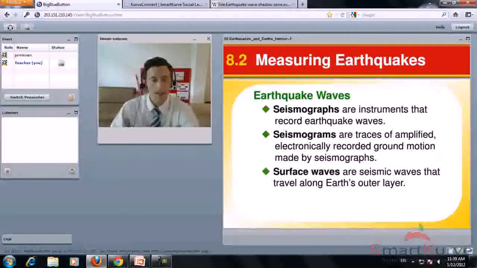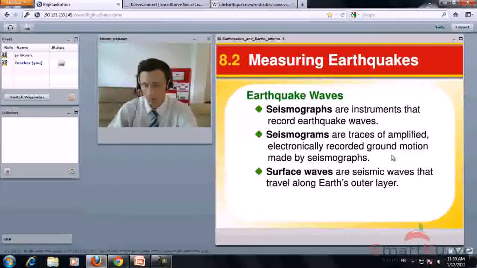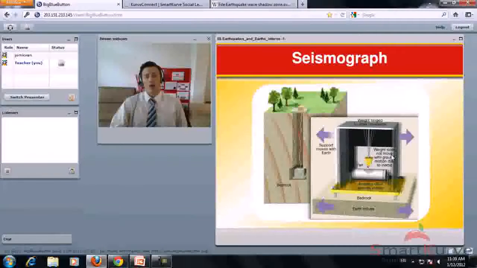All right, and so there is an illustration of these two. And as I mentioned, there is an illustration of a seismograph and a seismogram on slide 14. You can see what's happening there.